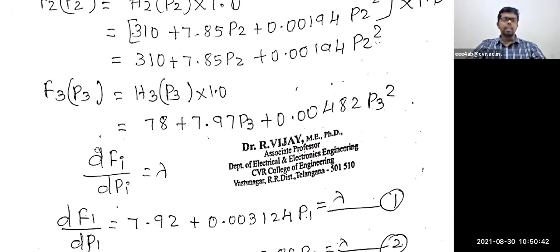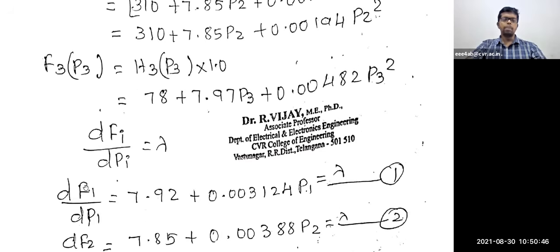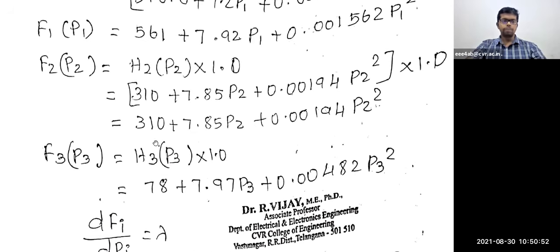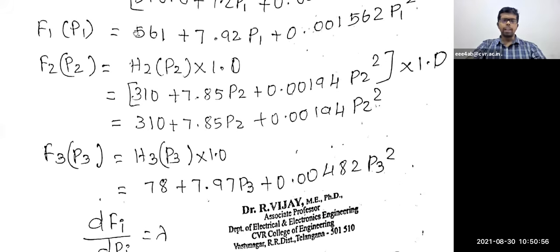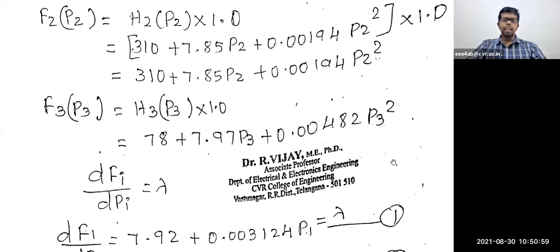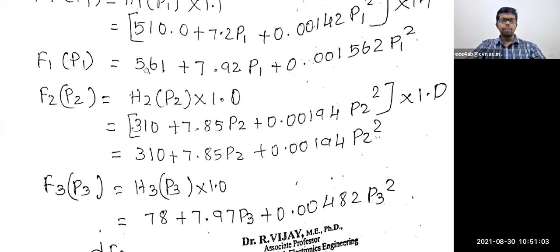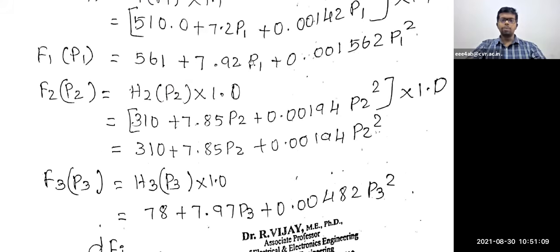So the first generating unit: dF1 divided by dP1 is equal to lambda. So what we have to do is differentiate the fuel cost of the first generating unit, and equate it to lambda. While differentiating, this term becomes 1.